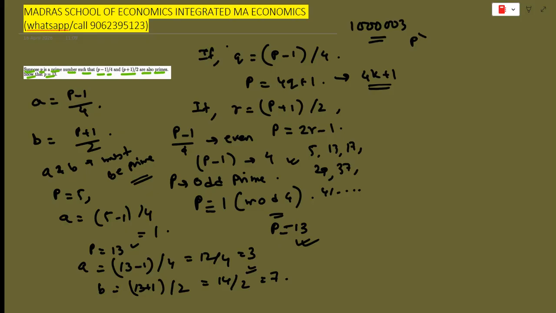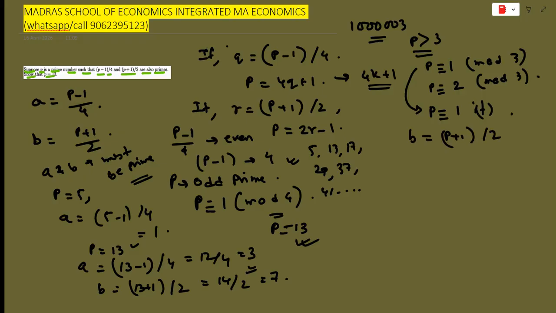So if P is greater than 3, then P is 1 mod 3 or 2 mod 3. Then look at B. If P equals 3k plus 1, then B will be (3k plus 2)/2, right?